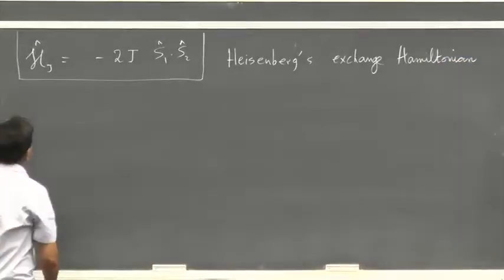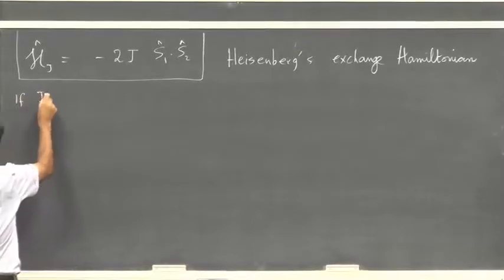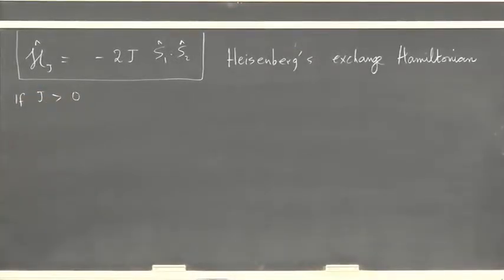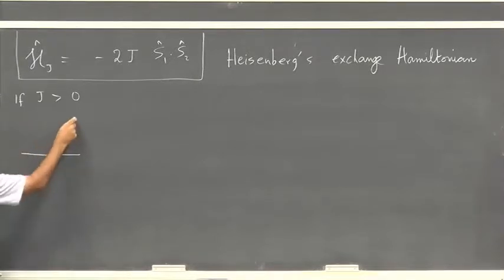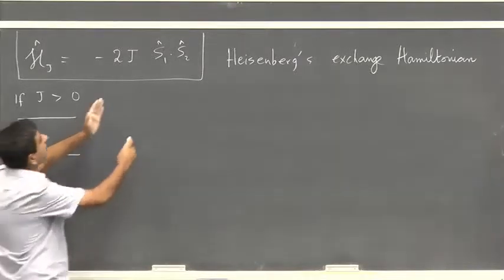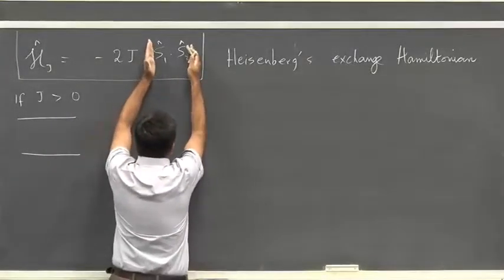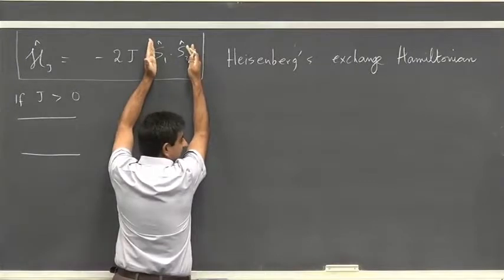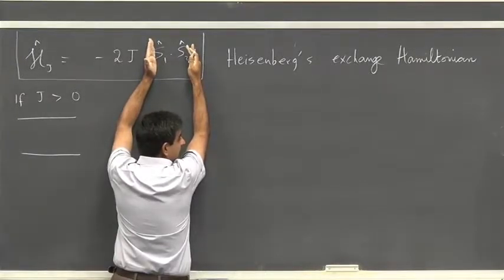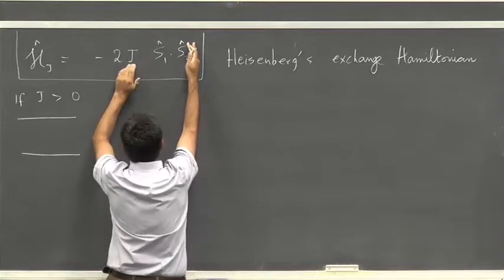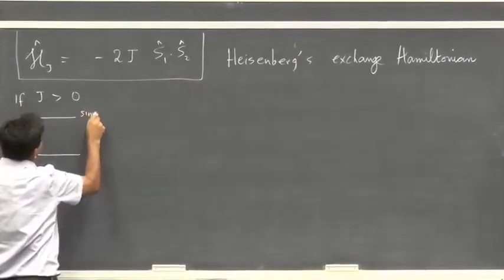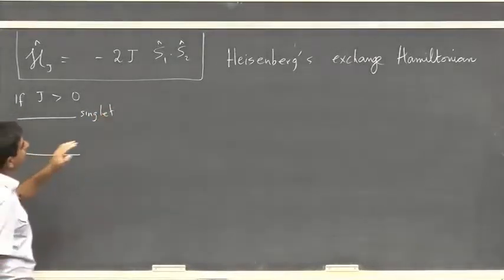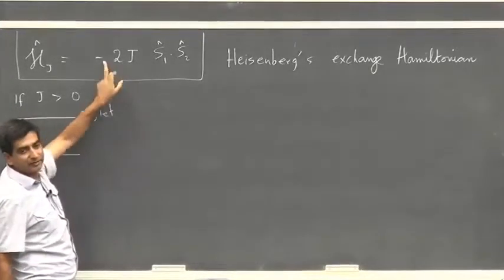So if J is positive, then for this state, the singlet, S1 dotted with S2 has the lower energy. But if J is positive, then the singlet has the higher energy because of this negative sign over here.